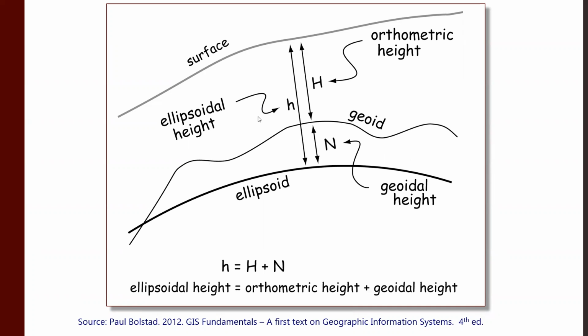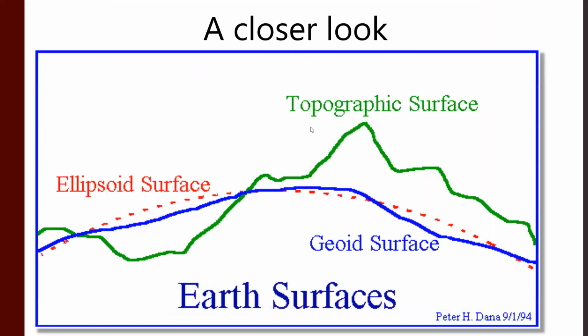Then the surface, the actual topographic surface of the planet, might also be above or below that geoid or the ellipsoid or both. In this case, it is. Our surface is way up there. Doesn't have to be that way. The topographic surface can be above or below the ellipsoid or the geoid. The ellipsoid can be above or below the geoid surface.